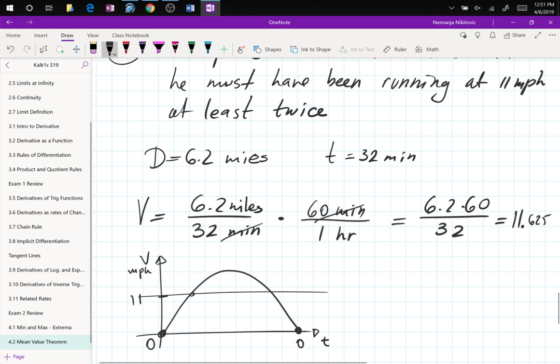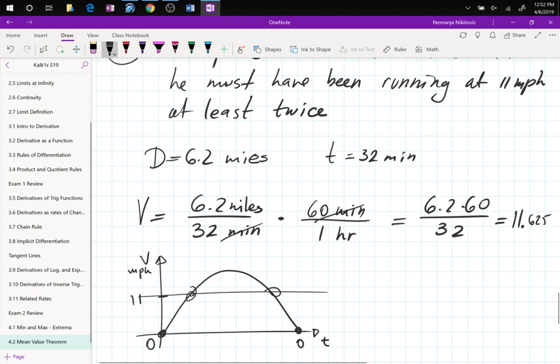And we see that the runner hit at least once more than 11 miles per hour, right? 11.625 miles per hour. That means that between 0 to reach that, one had to cross 11, and then on the way back, from that higher value than 11 had to go back through 11 down to 0. So those are the two locations when the runner hit 11.